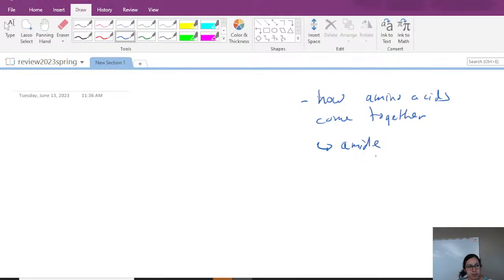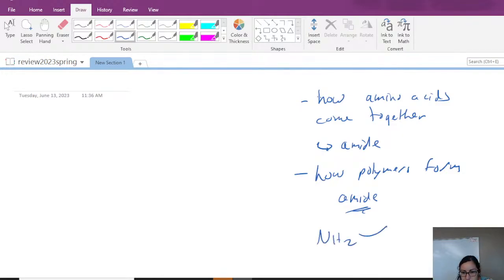We could do a practice in a second. And then also how polymers form. Again, looking at that connection, you're just looking for that amide bond, the nitrogen to that carbon of the carboxylic acid. You're always looking for that connecting point.